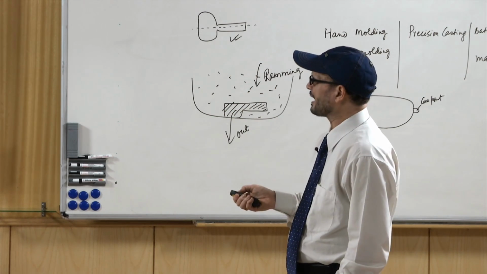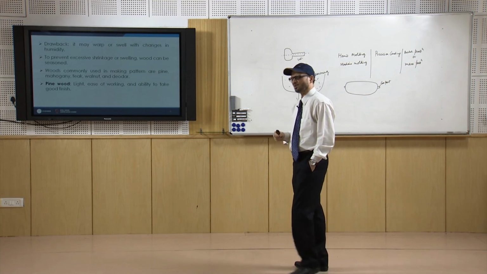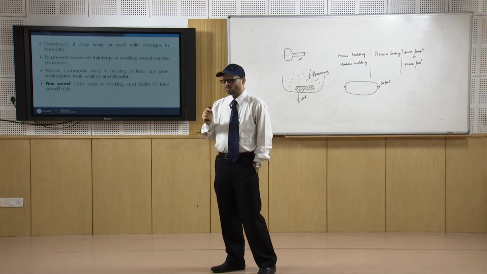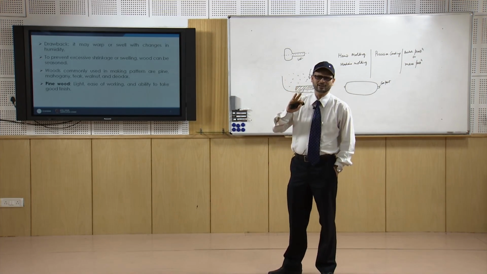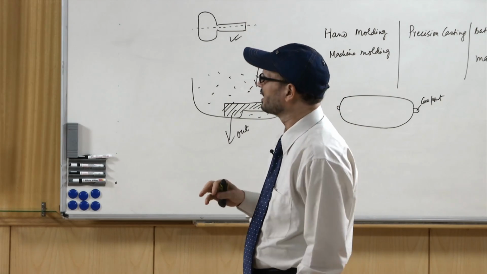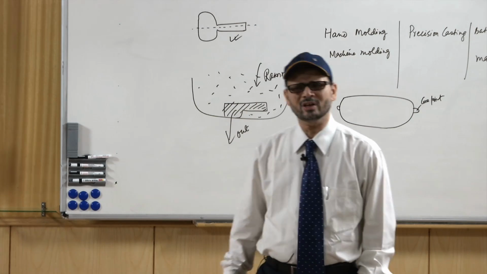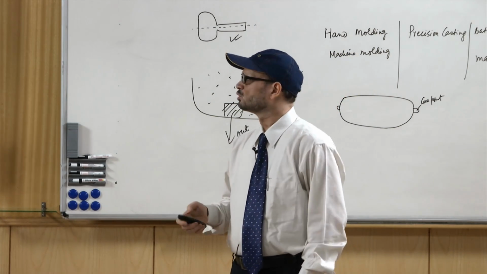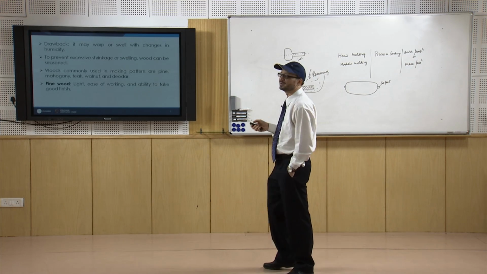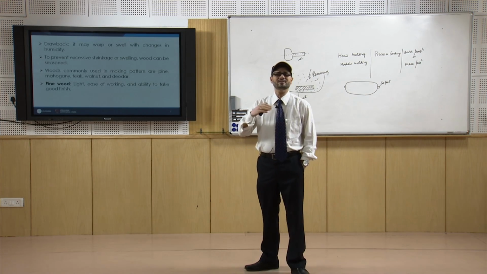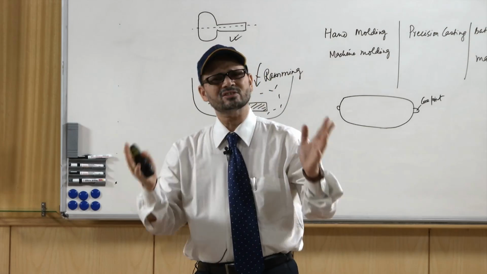It has a drawback that it may warp or swell with changes in humidity. In the case of wood, we should know that it has certain moisture in it. If the moisture is more than the equilibrium moisture content, it may swell, or if it is dried more, then it may warp or become dimensionally unstable.